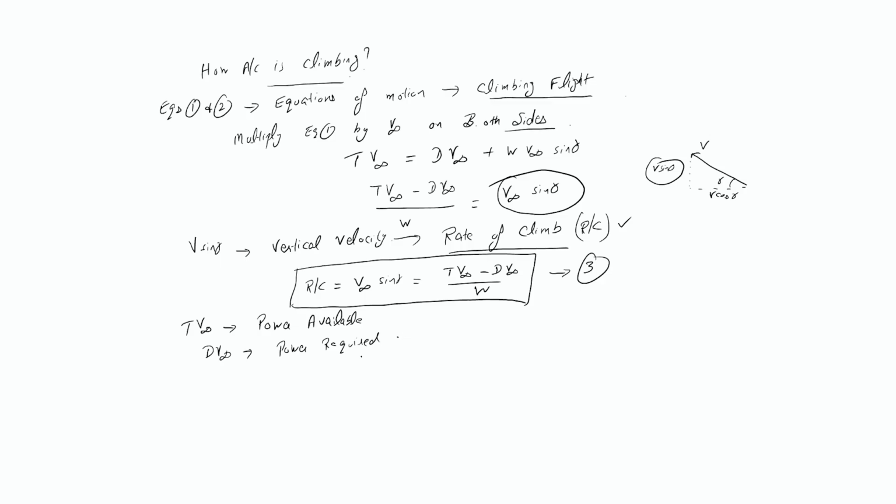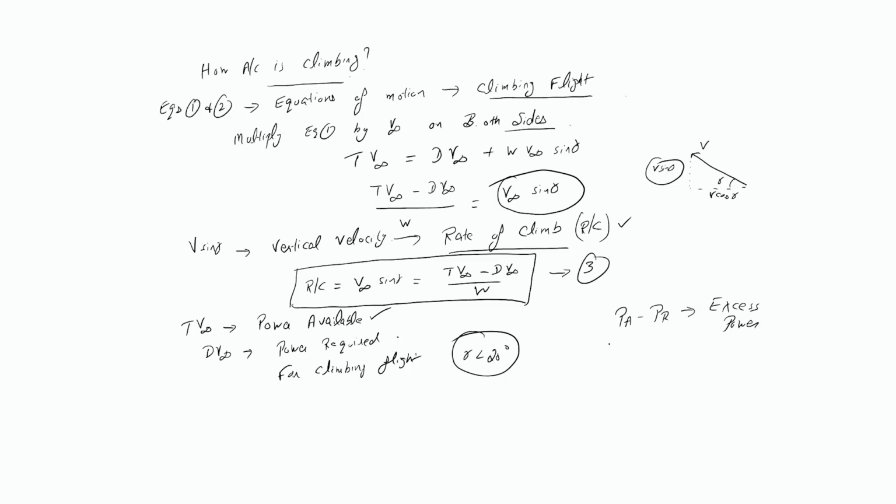So it can be assumed for climbing flight, since gamma is less than 20 degrees, that TV is power available and DV is power required. So power available minus power required is nothing but the excess power.